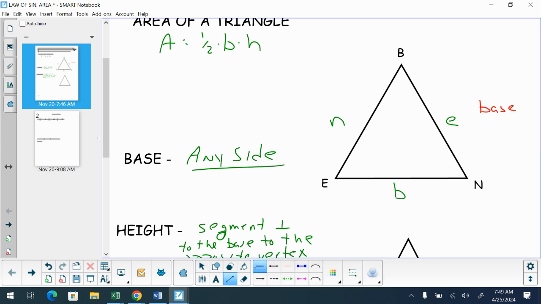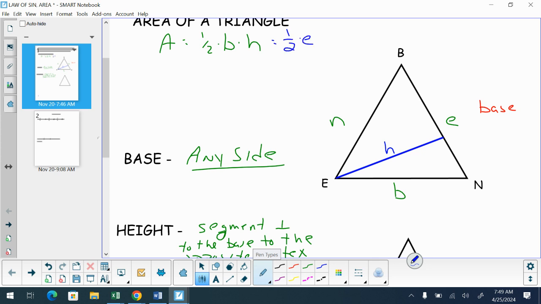So if I'm going to draw my height then, I need to draw a segment perpendicular to my base to the opposite vertex. So I've drawn in my height here. Now the area of this triangle would be 1/2 times e, which is our base, times our height h.